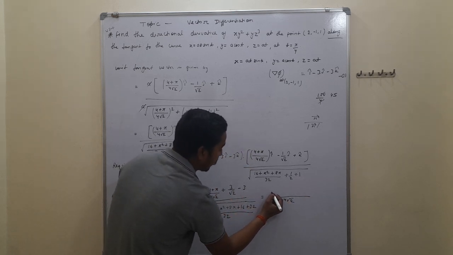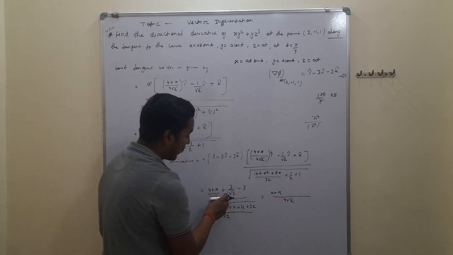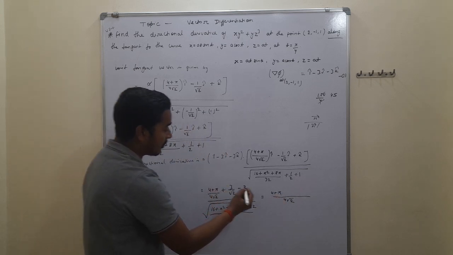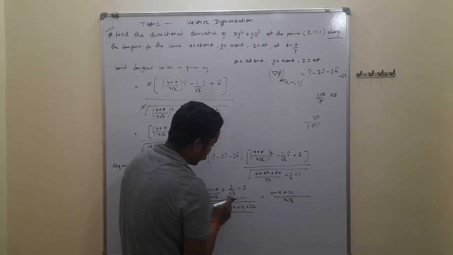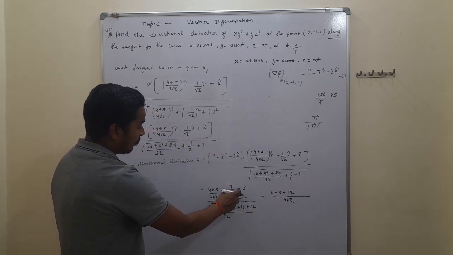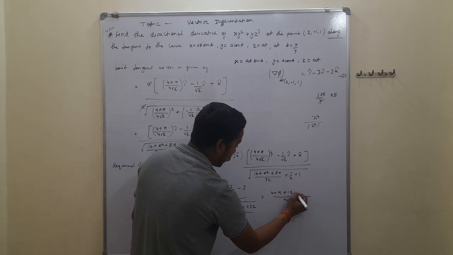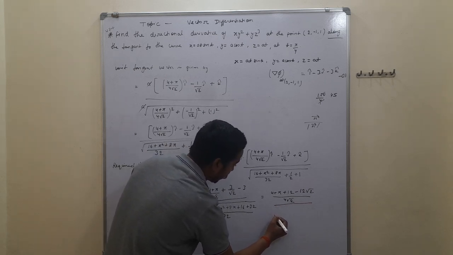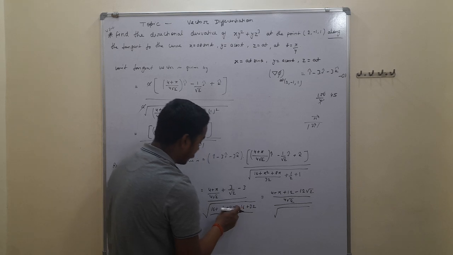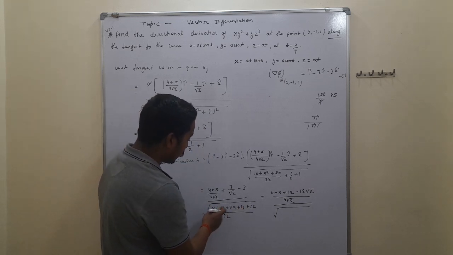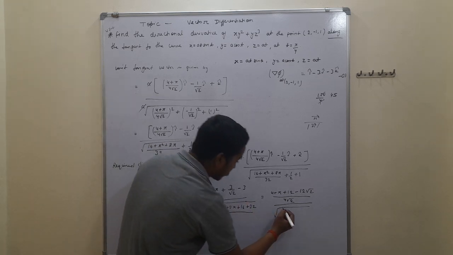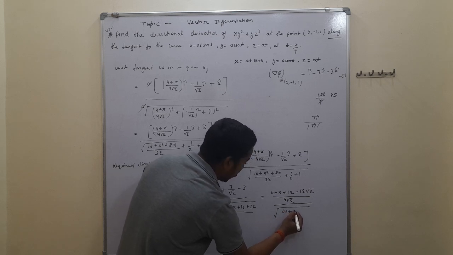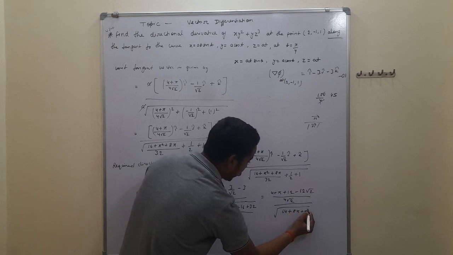This is 4 + π times √2, and here 4 is not present, so we have to write plus 12, and here 4√2 is not present, so we write minus 12√2, upon under root of 16 + 16 is 32, 32 + 32, this is 64, plus 8π plus π², upon 32.